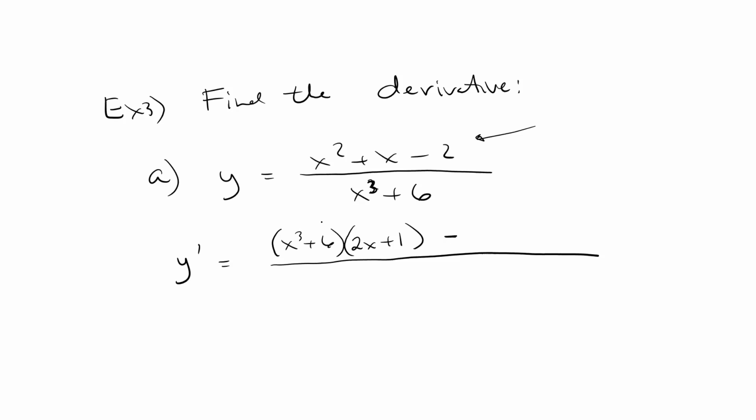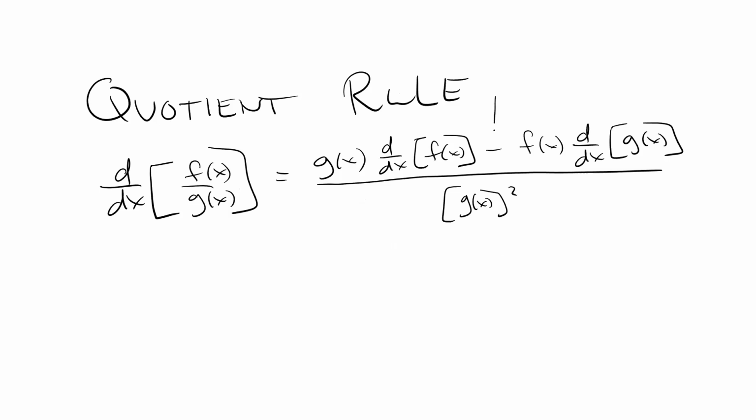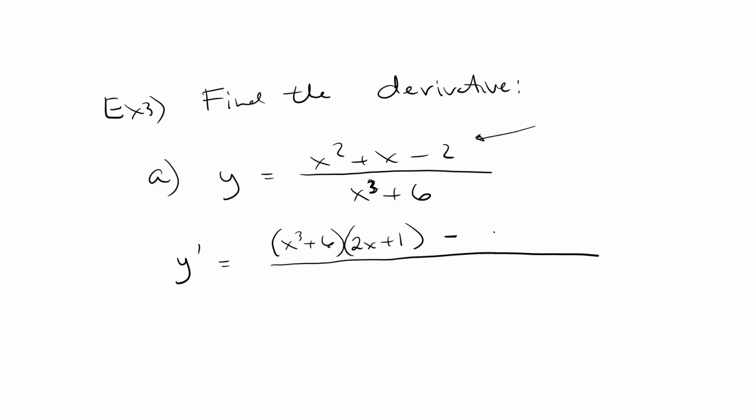Hopefully, make sure, did I put a minus sign? Yeah, okay, there's a minus sign right there. Now it's the top function. And now we have the derivative of the bottom function, which is going to be 3x squared, all over the bottom function being squared. That is it.